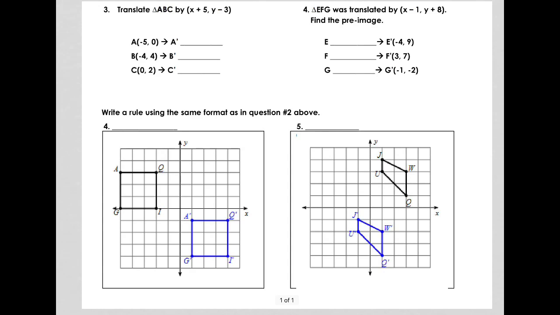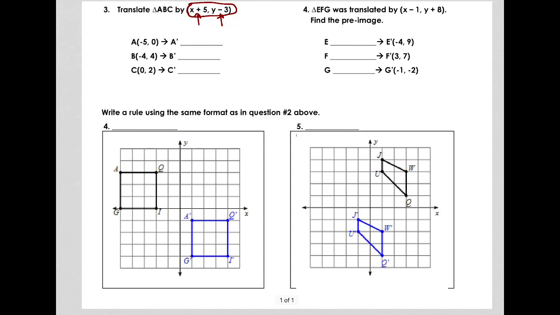All right, but you can do it without a graph because this instruction is simply telling you also what you can do mathematically or algebraically to get your new A, B, or C. So basically your new image, your new shape. So all we're going to do is add 5 to the x's and subtract 3 from the y's.